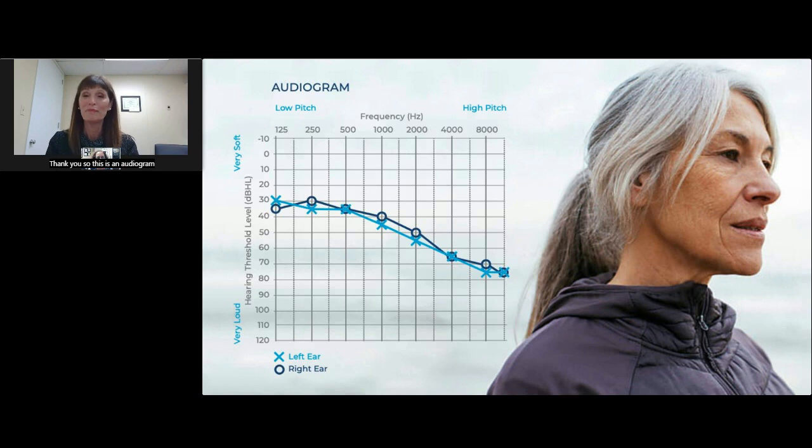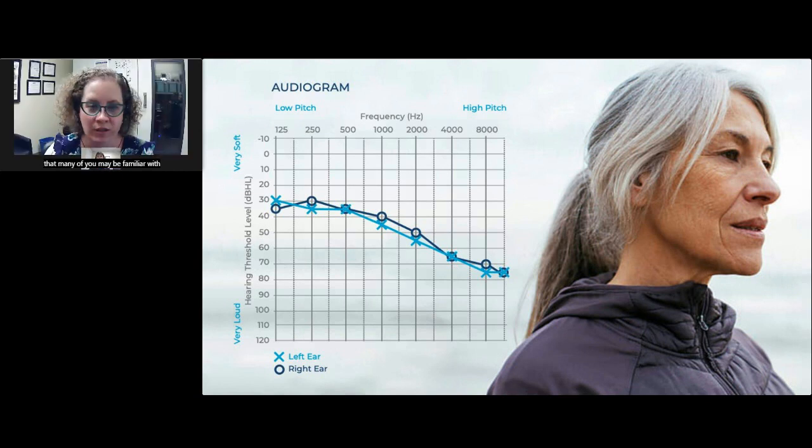Thank you. So this is an audiogram that many of you may be familiar with because we have done your hearing test in the office, but I kind of just want to review the graph before we go into the slide a little bit further. So across the top of the graph is frequency from 125 hertz to 8,000 hertz.